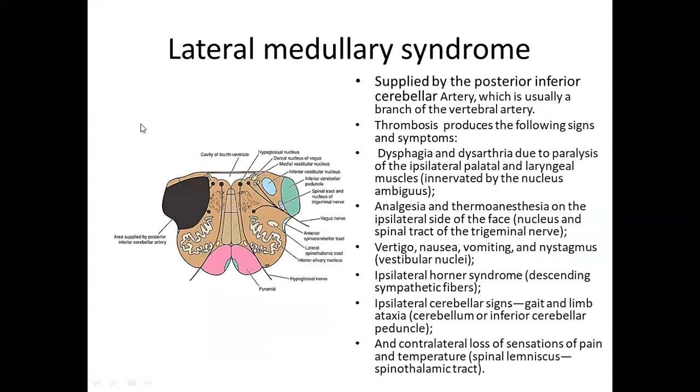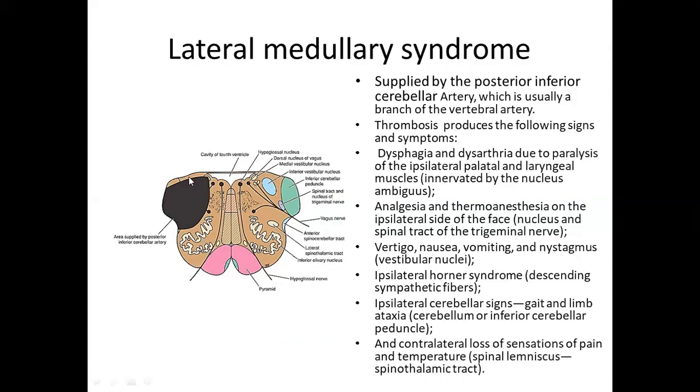Then there is the lateral medullary syndrome. It is also known as Wallenberg syndrome or PICA syndrome because the lateral part is supplied by the posterior inferior cerebellar artery, which is also a branch of the vertebral artery.